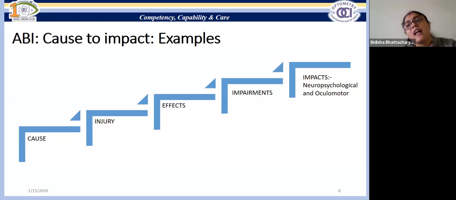The next one is the very important oculomotor dysfunction. Injury to vision related areas of the brain can also result in a range of dysfunctions, including oculomotor, color vision, contrast sensitivity, and visual field related issues. The oculomotor system broadly includes the versional, vergence, and accommodative systems.